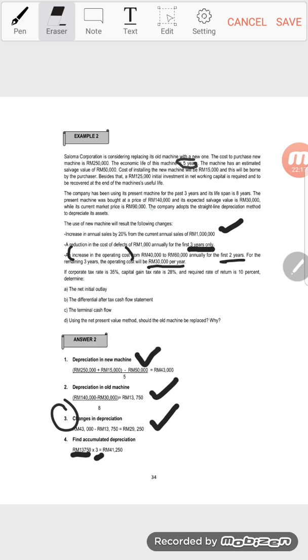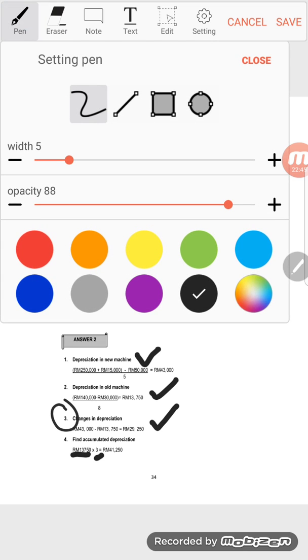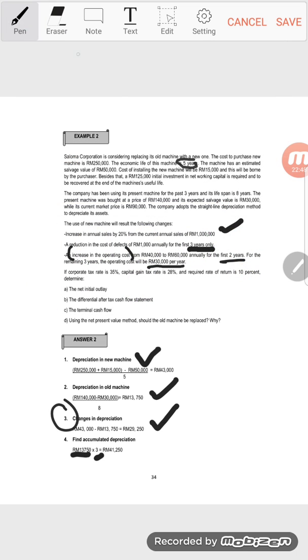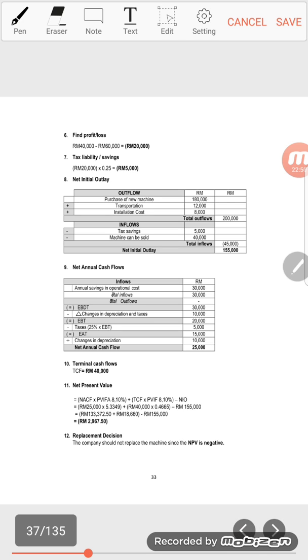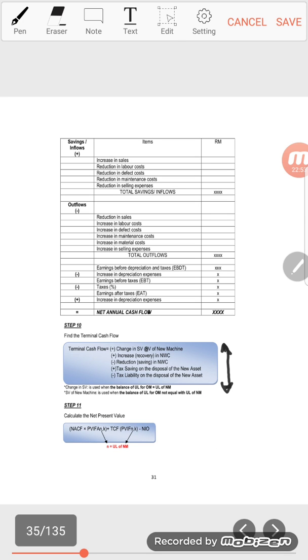So sekarang ni remaining useful life for old machine berapa? Kita tahu lifespan dia 8 tahun dan dia dah guna 3 tahun. So 8 minus 3 meaning that the remaining useful life for old machine is 5 years. Remaining useful life 5 years and the useful life for new machine is 5 years. So sama kan? Bila sama, what you have to do is you refer balik tadi. Kita nak guna yang mana kalau sama?